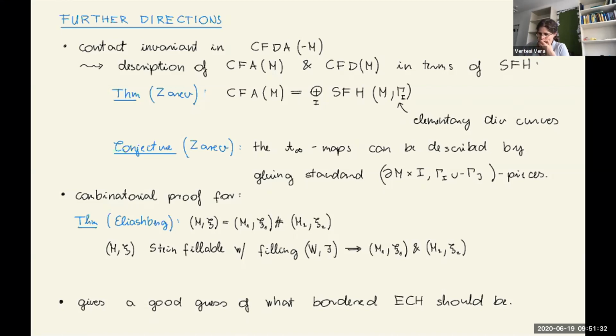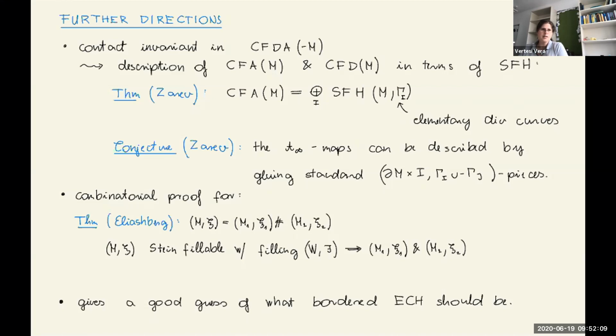Then what I'm working on currently is that I think foliated open books are also going to allow me to give a completely combinatorial proof of this already existing theorem of Alishahi, saying that if you have a Stein fillable contact three-manifold which happens to be a connected sum, then it is actually the boundary connected sum of two Stein fillings.